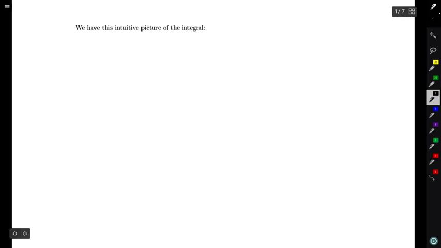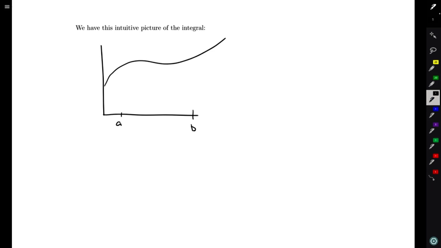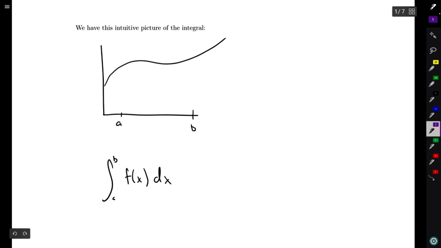So the intuitive picture that we want to have here is that we have the graph of some function, and we have, as usual, our x values a and b. We're going to work through this integral symbol from the end back to the front. So we want to think about dx here as being, in some sense, an infinitesimally small width on the x-axis.